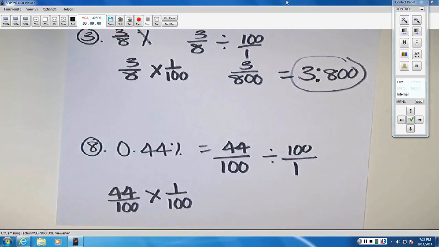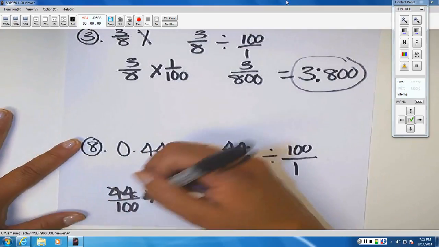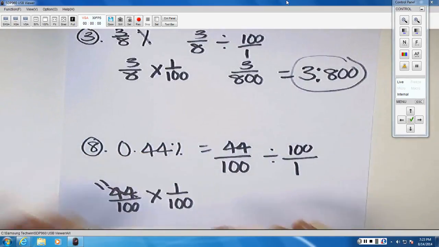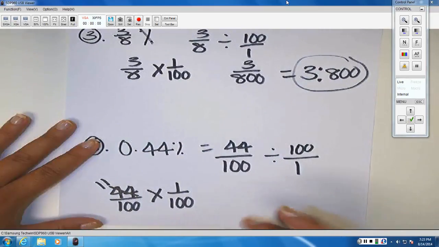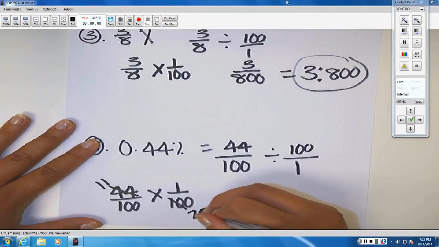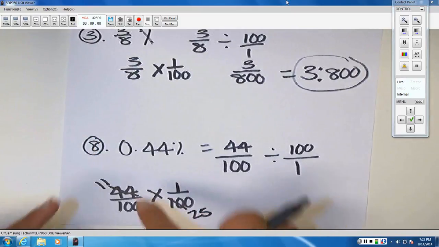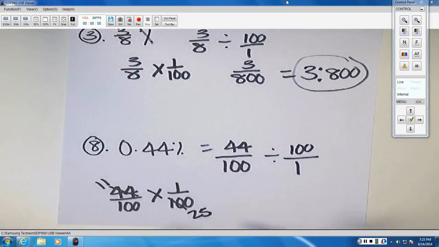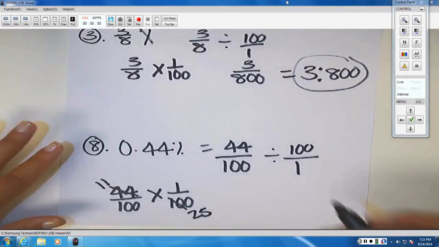Looking at this, I know that I can reduce this. I know that 4 will go into both 44 and 100. So 4 will go into 44 11 times, and 4 will go into 100 25 times. So now we have 11/1 and 1/25, and I'm going to multiply straight across.